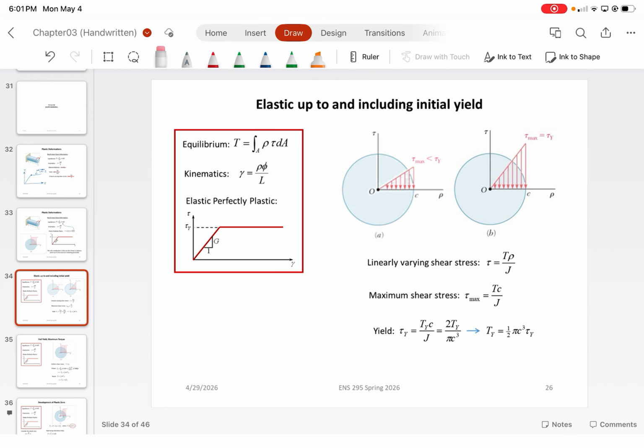All right. So if we first assume that the material behaves linear elastically, we can find out what the yield strength would be. This yield strength would be derived as the tau y value, and it would equal the applied torque at yielding multiplied by the ratio of c over j.